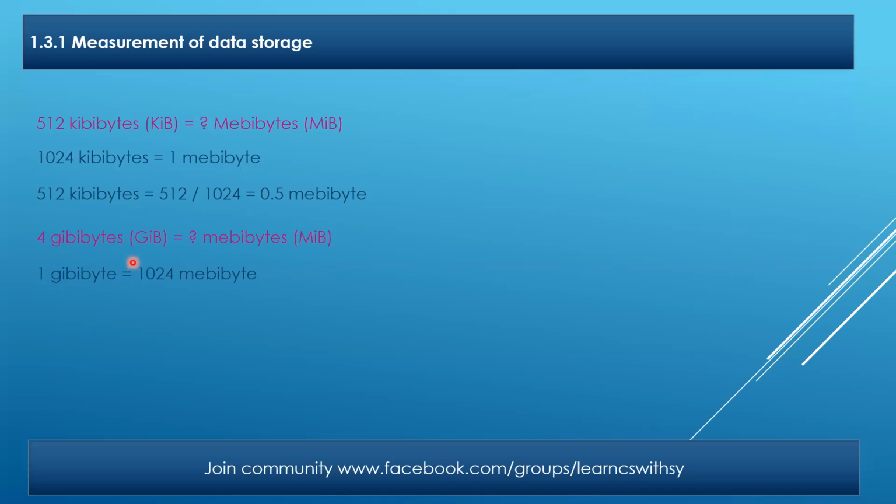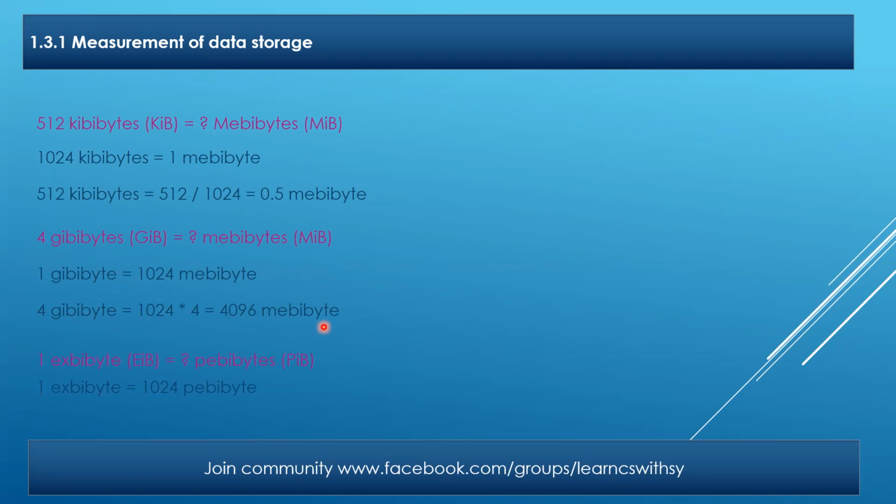Will I be performing division or multiplication? I am moving from gigabytes to megabytes. That's great. Excellent, Ali, that we are going to multiply. Exactly. You can see 4 gigabytes means 1024 into 4, and that gives you 4096 megabytes. Easy.